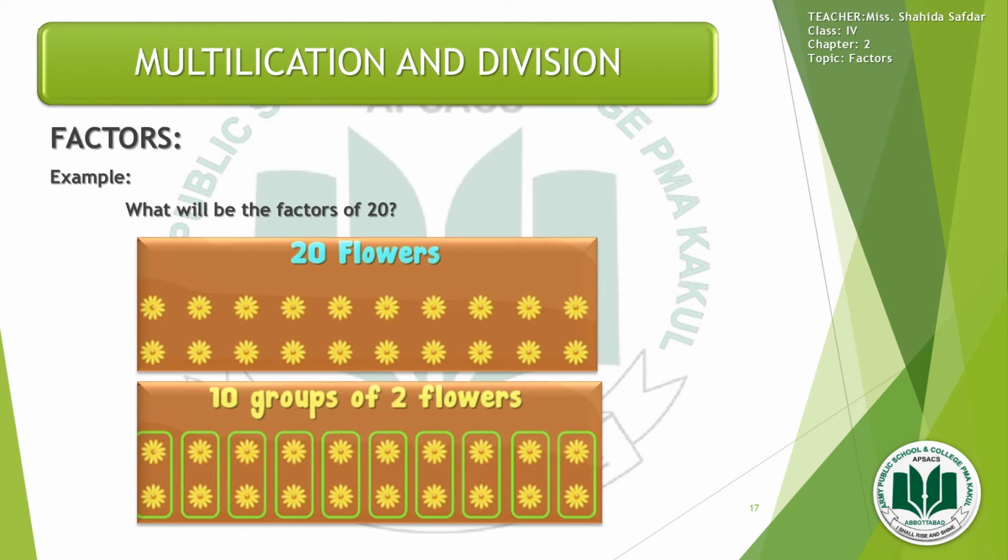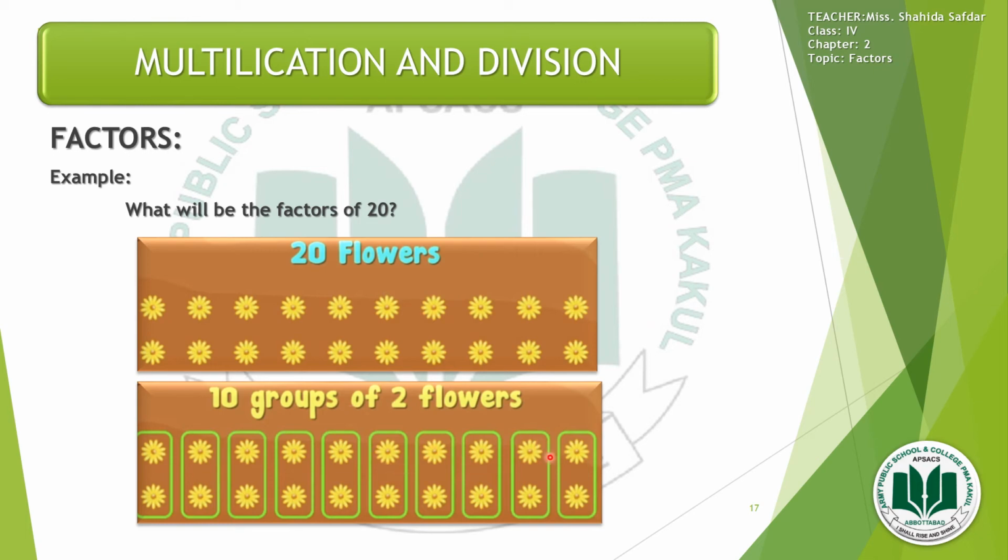Let us arrange the flowers. Now let us try and put 2 flowers in a group. In this way, we get 10 groups of 2 flowers.